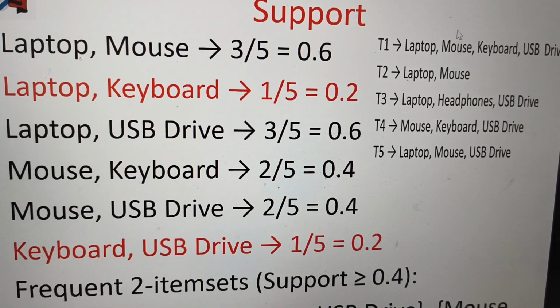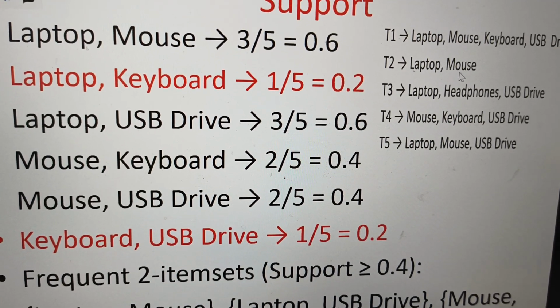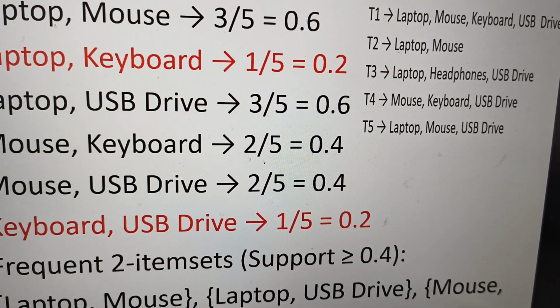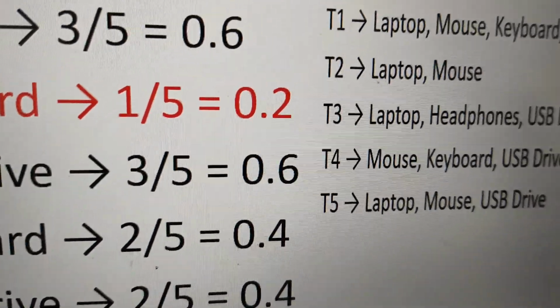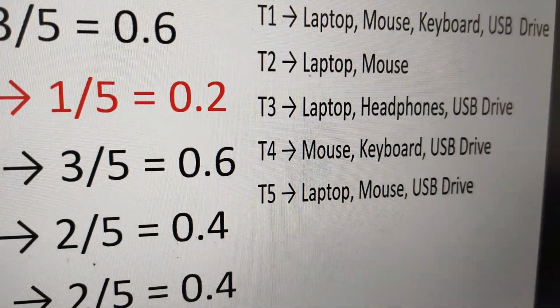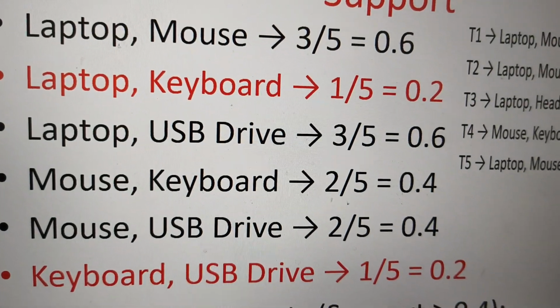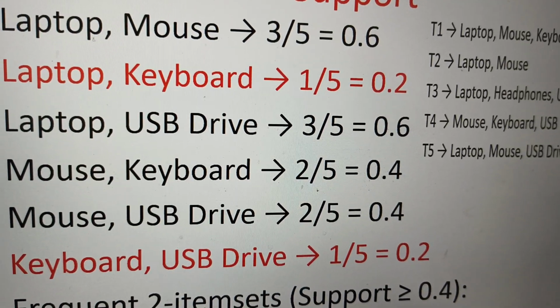During transaction 1, the customer buys laptop and mouse, during transaction 2 also, and during transaction 5 also. It is already given in this data set. So based on the data set, the support count of laptop and mouse is 3 by 5. So 3 by 5 is 0.6.